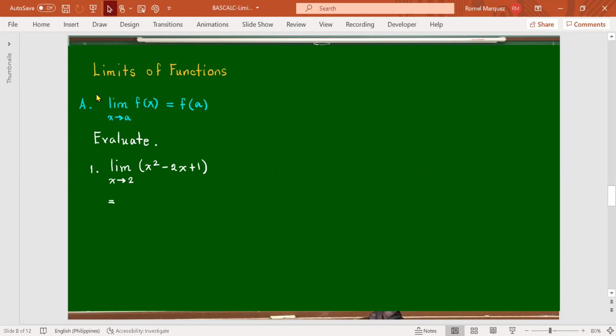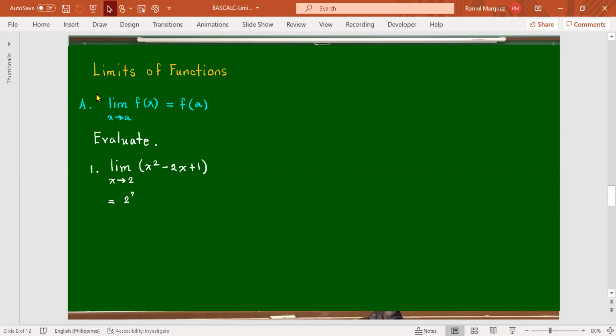Meaning I'll just find the function value at x equals a. Even if you don't find the individual limits separately, you can go directly.